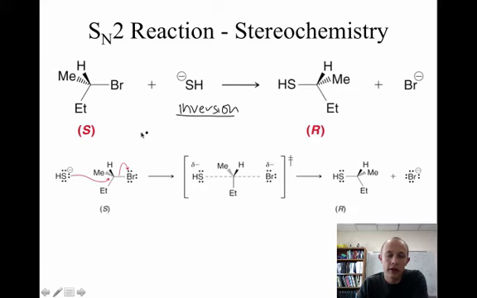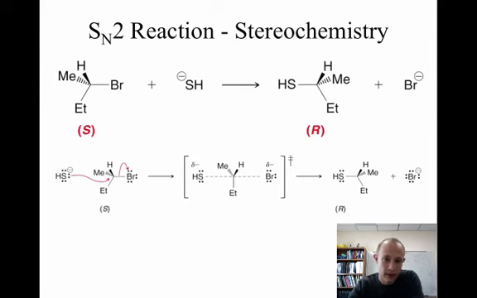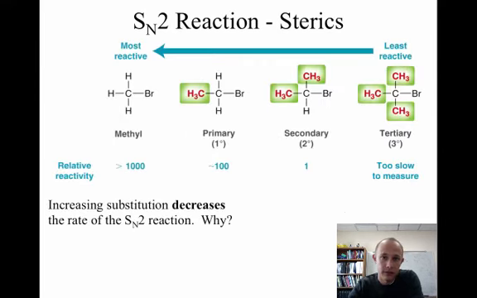So one thing that we often say is that SN2 reactions proceed with inversion of stereochemistry. If you start with the S configuration, you'll get R, and if you start with the R configuration, you'll get S, because of the backside attack that's taking place.